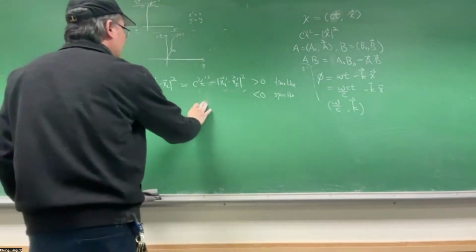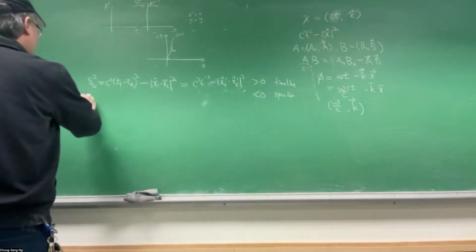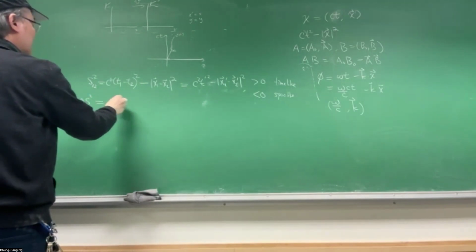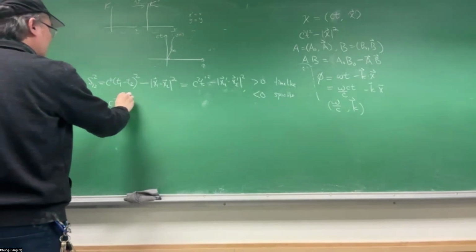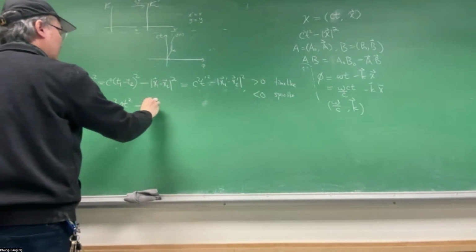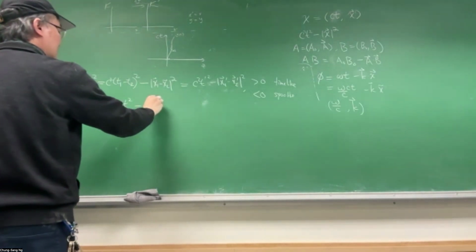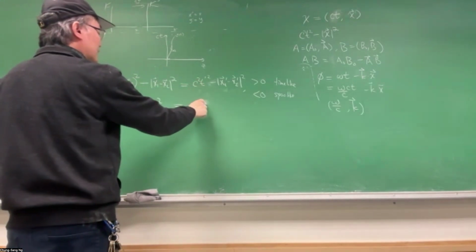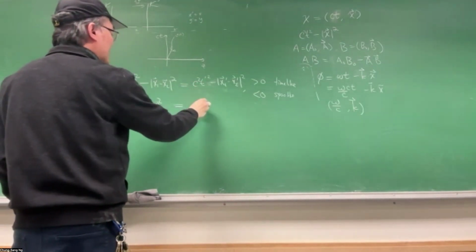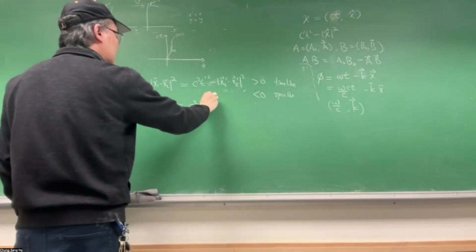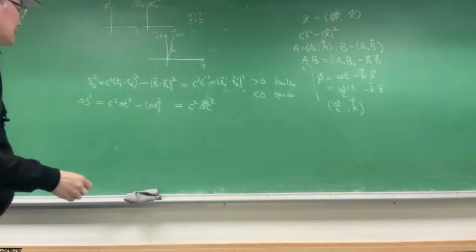And so consider delta S, c squared delta t squared. In the original frame it is c squared delta t squared minus delta x squared. But in this frame, this time is called the proper time, c squared tau squared, or delta tau squared, the change of proper time.